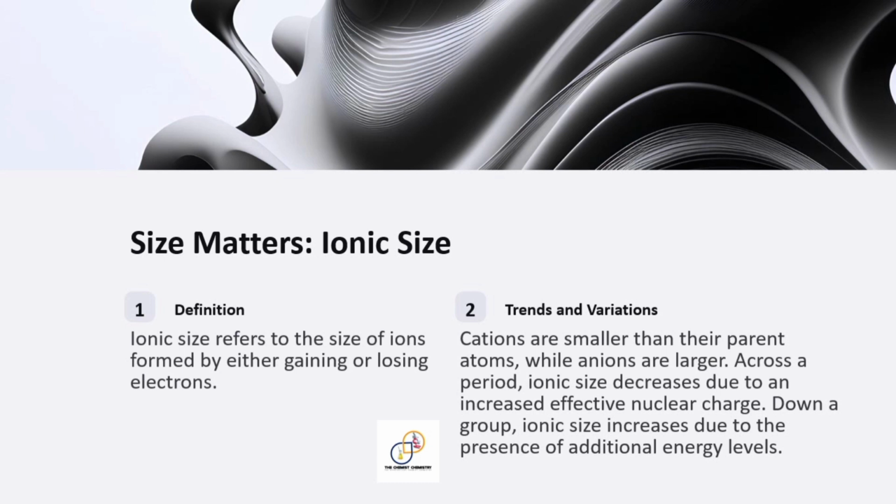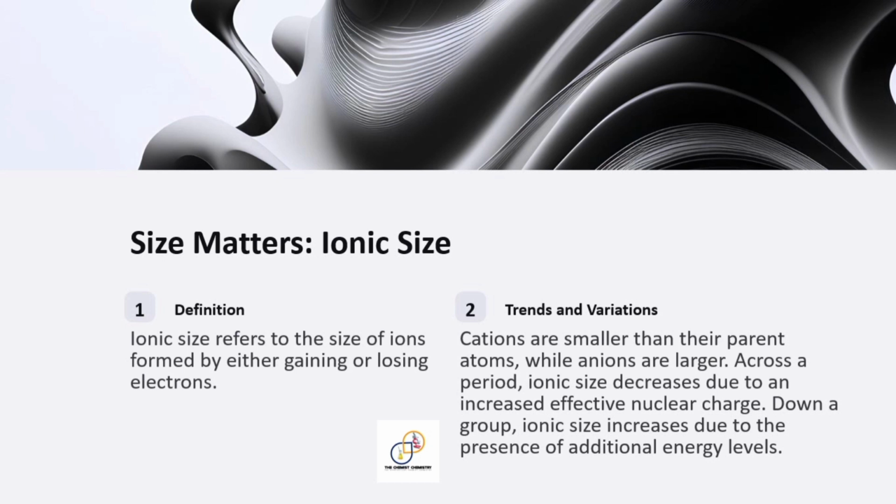The losing or gaining of an electron leads to the atom turning into something termed an ion. We learned that an ion is an electrically charged particle formed when an atom or group of bonded atoms loses or gains one or more electrons.